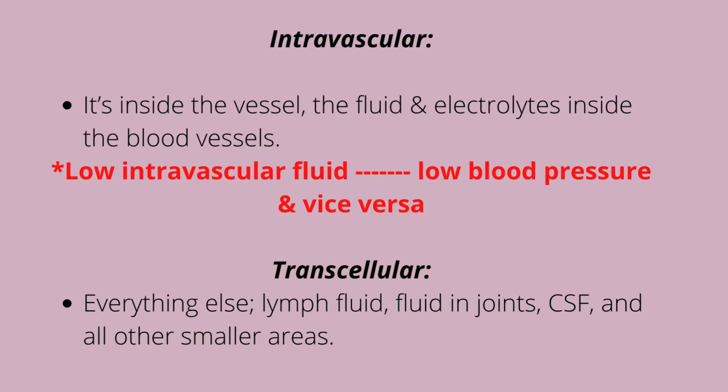Transcellular. Transcellular is everything else, meaning whatever is not part of what we've talked about. And what is this? We could say our lymph fluids, right? The fluids in the joints, the cerebrospinal fluid, CSF, and all other areas that are not part of this and contain fluids are considered transcellular spaces or compartments.